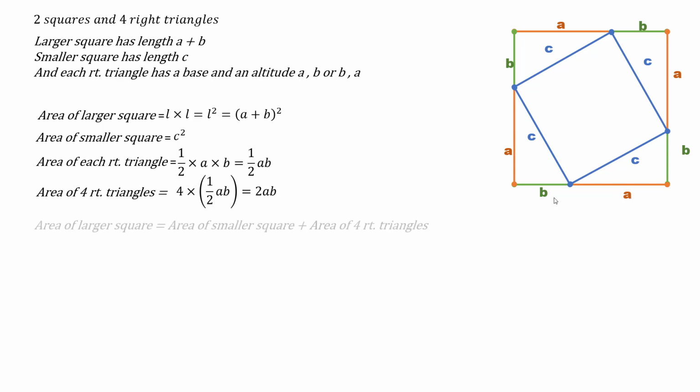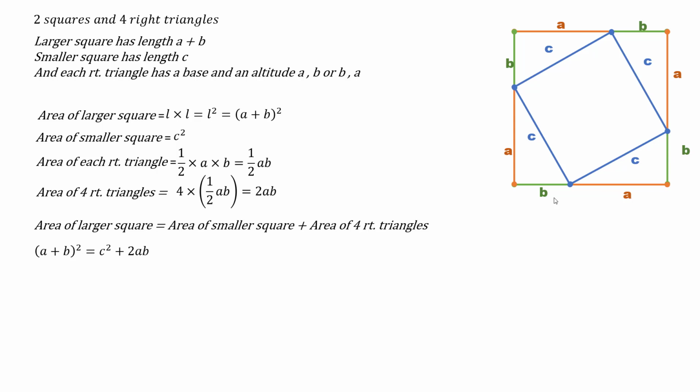So we can say that the area of the larger square is equal to the sum of the area of the smaller square plus the area of four right triangles, by substituting A plus B whole square in place of the area of the larger square, C square in place of the smaller square's area, and 2AB in place of the area of the right triangles.